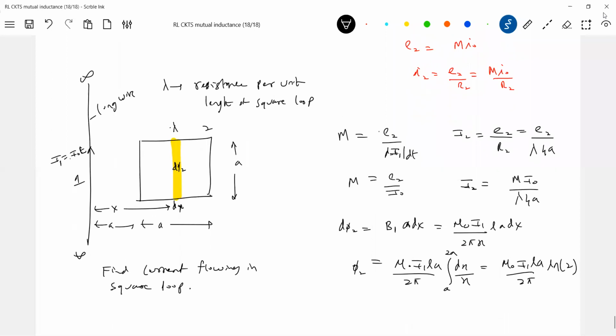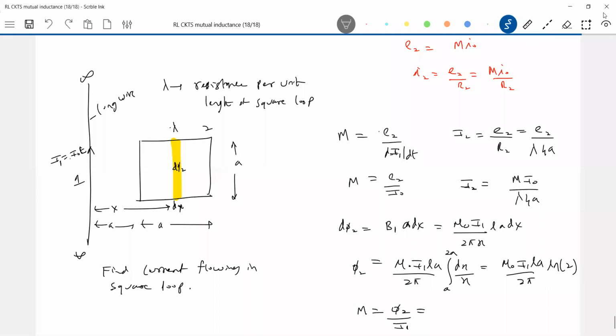How do you define mutual inductance? This M is the flux linking the second coil due to the current in the long wire, per di1 by dt.